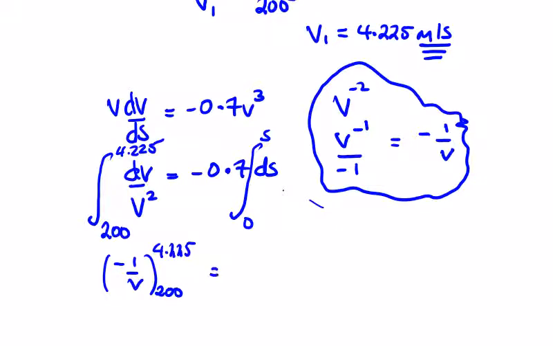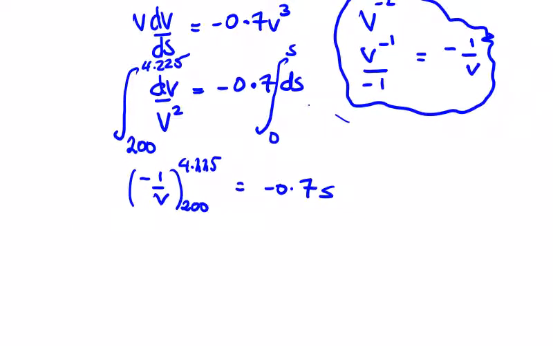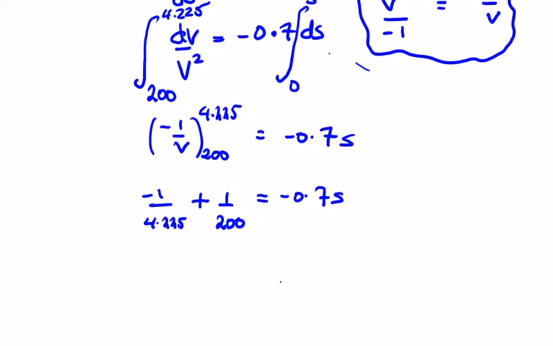So a lot of calculator work involved here. It is minus 0.7 s. Put the s and 0 in if you want. So we just need to tidy this up. Minus 1 over 4.225 minus 1 over 200 is equal to minus 0.7 s. Again, do a little bit of tidying up on your calculator.